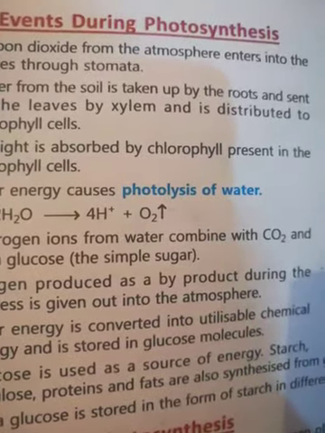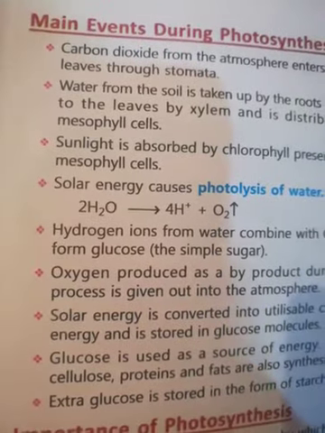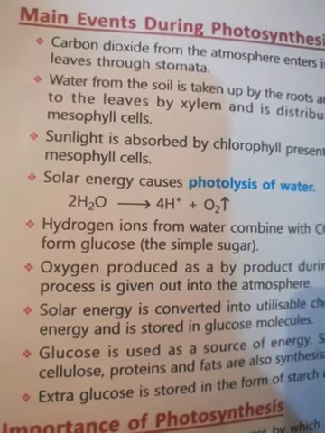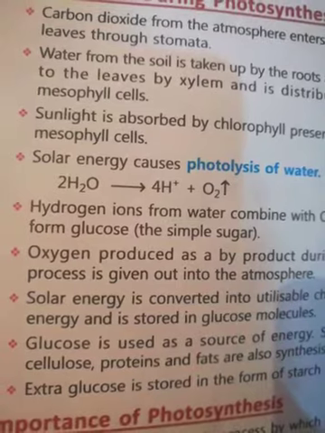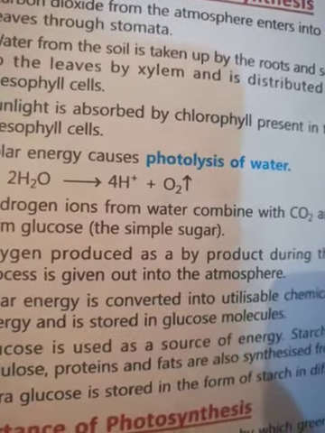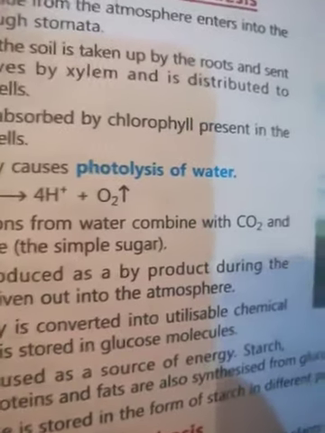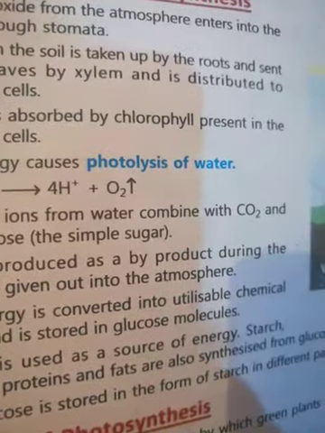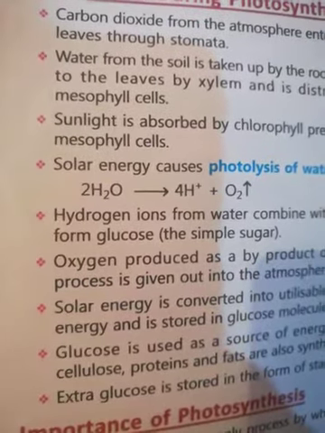Solar energy causes photolysis of water. 2H2O breaks into 4 hydrogen and O2, which is released in the environment. Next, hydrogen from the water combines with CO2 and forms glucose, the simple sugar.